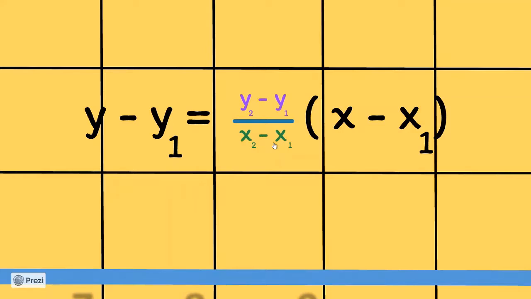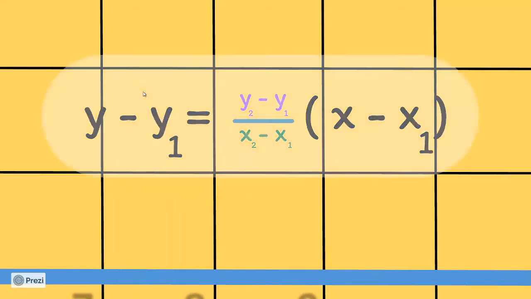Do you see that? It is the same equation, written in a different way. Why we are writing it like this is because we don't know the slope directly. We don't know the slope, so we are just using this equation. This equation that you see is called the 2-point form.